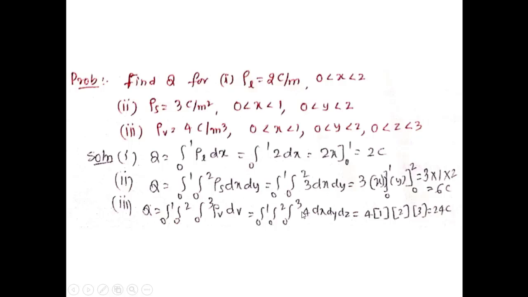Then we will get integration of dx is x. If we apply limit 0 to 1, we will get 1 minus 0, 1, and integration of dy is y. If you apply the limit 0 to 2, we will get 2 only. Integration of dz is z. Apply the limit, you get 3 minus 0 is 3. Therefore, 4 into 1 into 2 into 3 will get 24 coulomb.